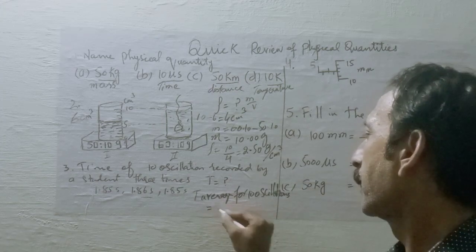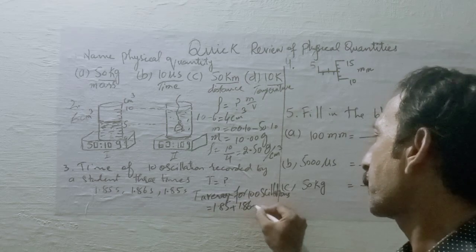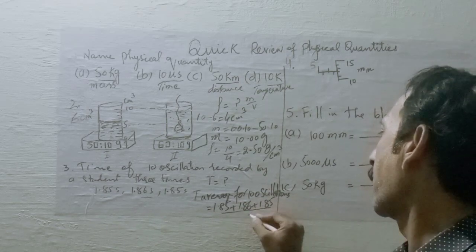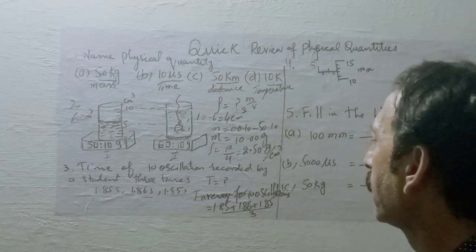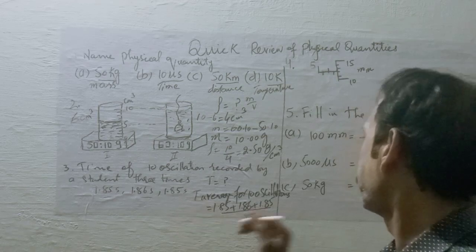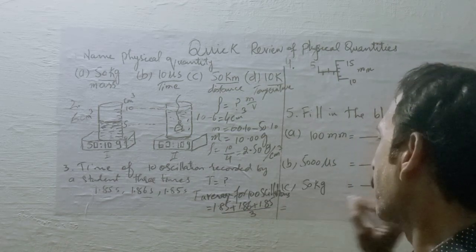That is, add up all these: 1.85 plus 1.86 plus 1.85, divided by 3.